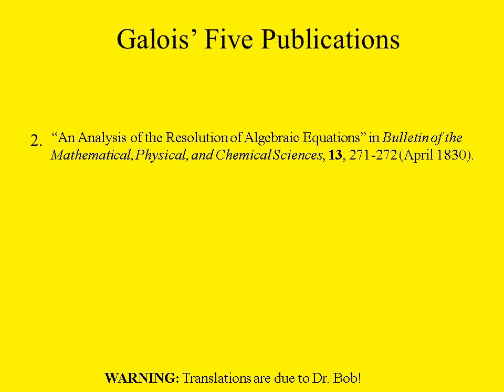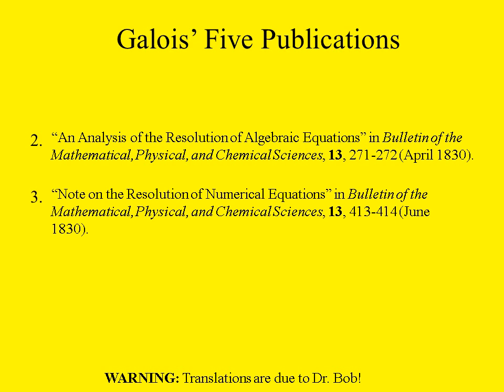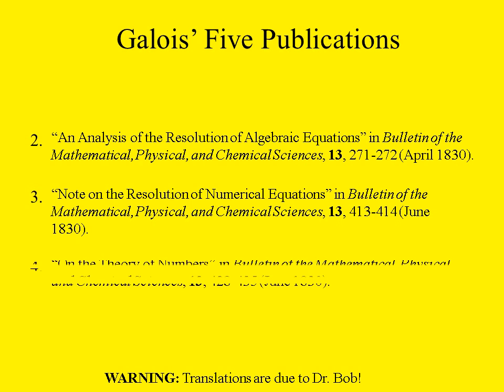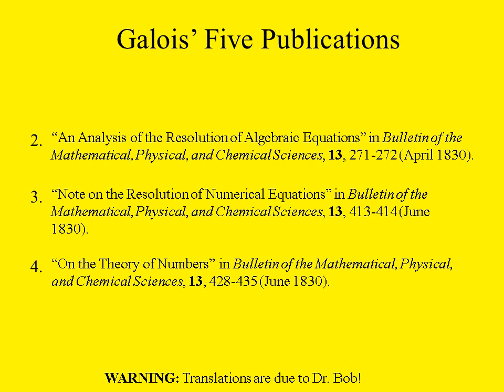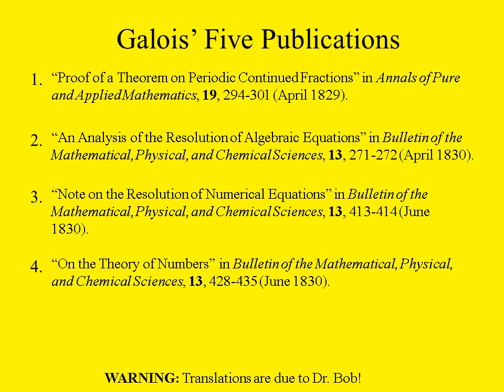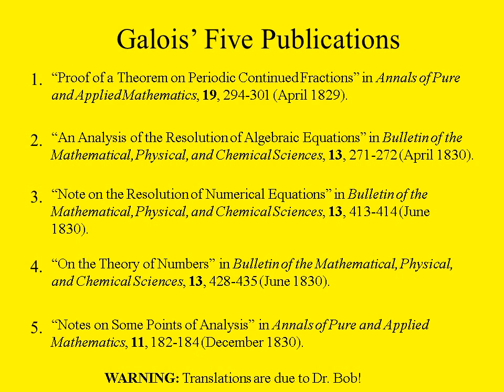Two of his papers appeared in the June 1830 issue of the same journal: Note on the Resolution of Numerical Equations and On the Theory of Numbers. In fact, Galois published 5 papers during his life. The first was mentioned above, and the last is Notes on Some Points of Analysis in Annals of Pure and Applied Mathematics.